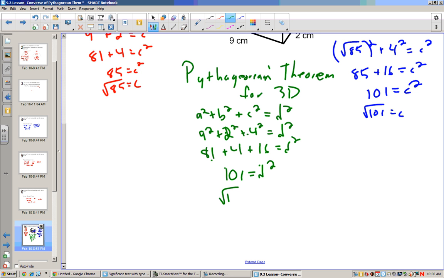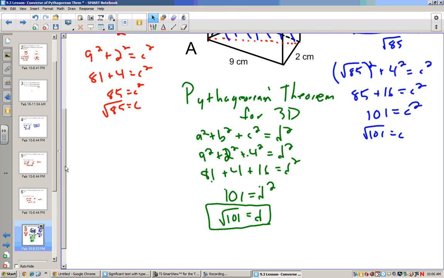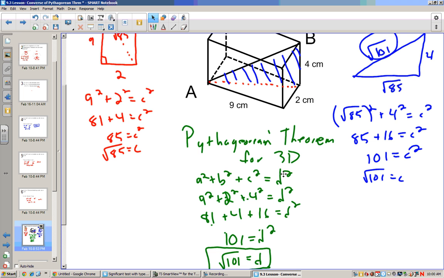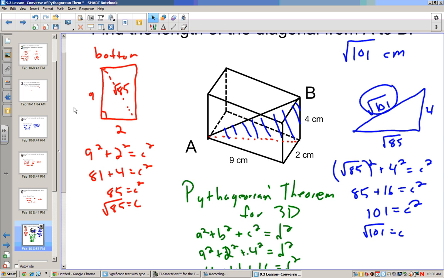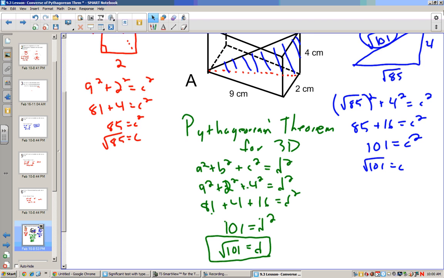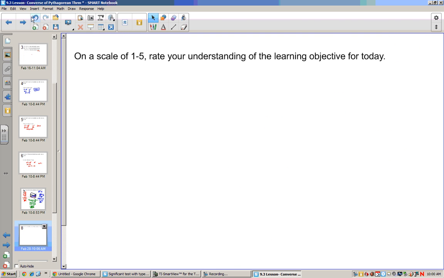Now I square root 101 and I find that distance. So we could use this new formula, this Pythagorean theorem for 3 dimensions, or we can do it using 2 dimensions, but then you have to use Pythagorean's theorem twice. Whatever way makes more sense to you, go right ahead and use that.